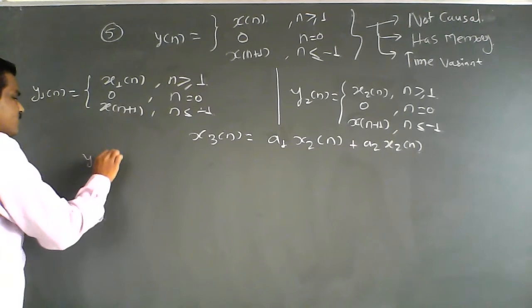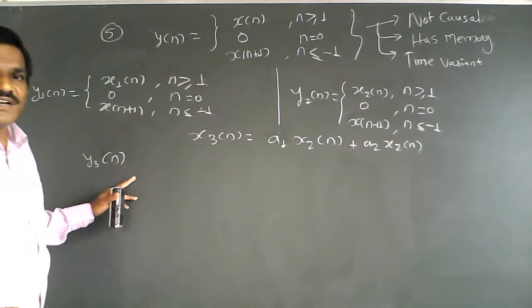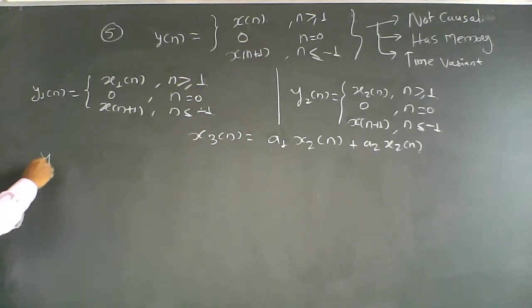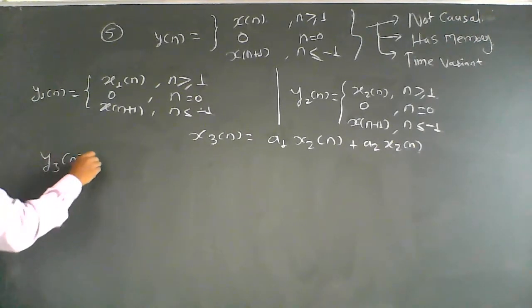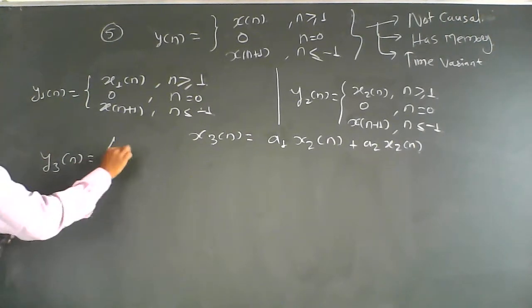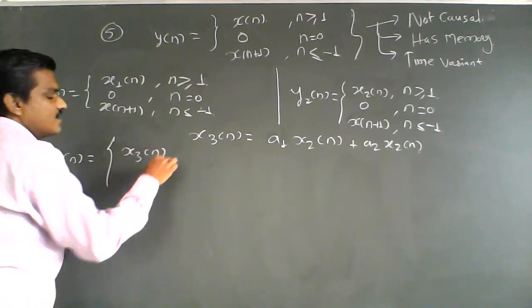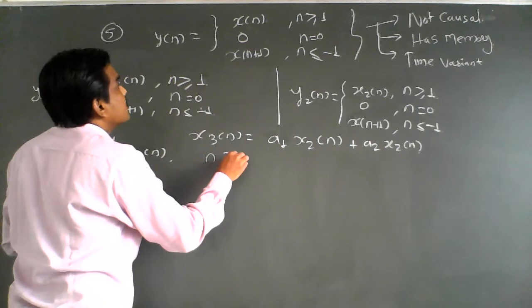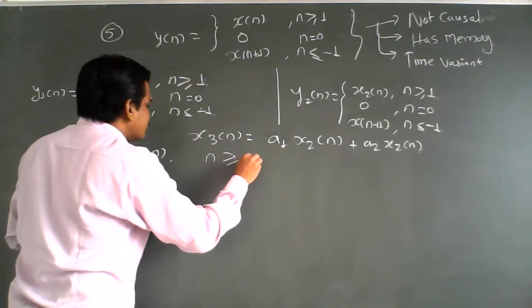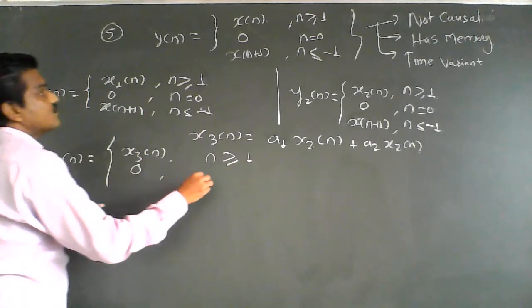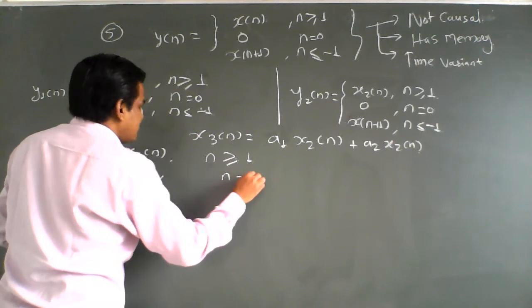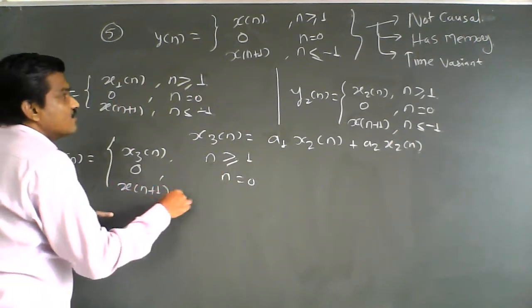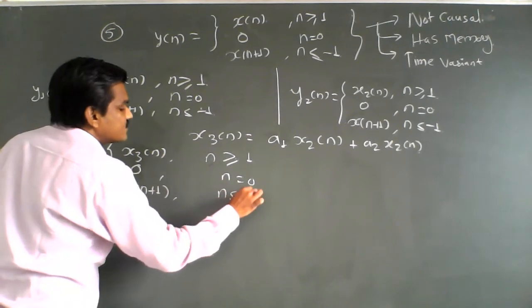y3 of n is nothing but x3 of n for n greater than or equal to 1, equal to 0 for n equals 0, and equal to x of n plus 1 for n less than or equal to minus 1.